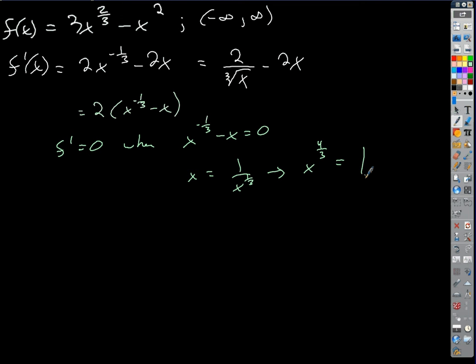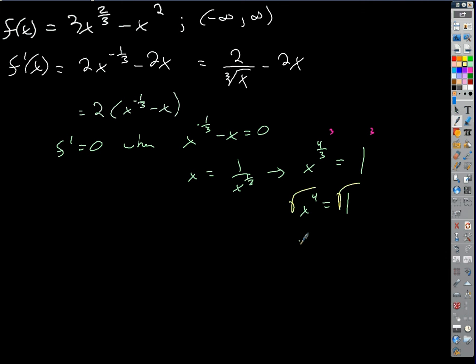I could start off by cubing both sides, and that's gonna give me x to the 4th equals 1. And then I would have to take a 4th root, but let's do it in terms of 2 successive square roots. So if I square root both sides, what's the square root of x to the 4th?